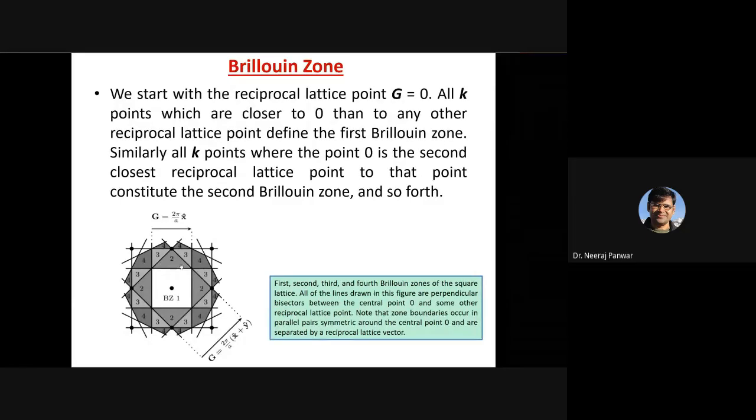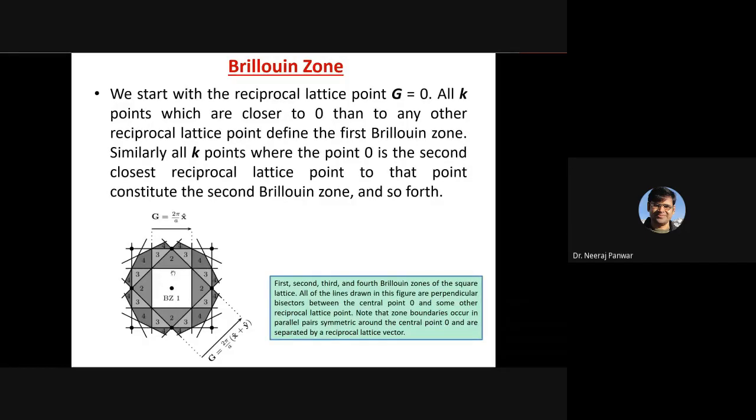So for example, how can you see this? If I translate this area by this reciprocal lattice vector, this triangle will come here. If we translate this region, it will come here. If we translate this region, it will come here. And if we translate this region, it will come here.